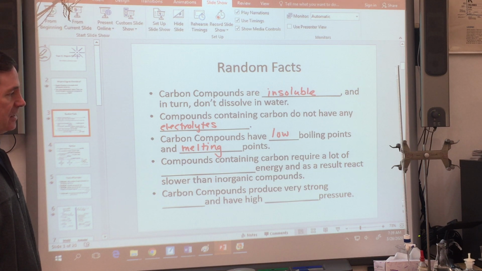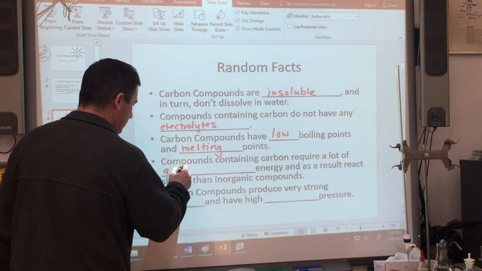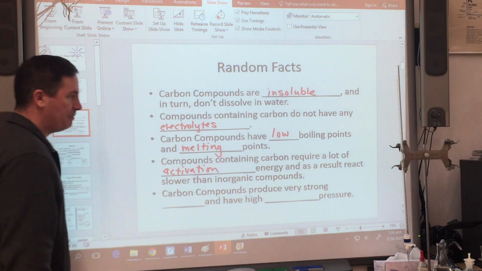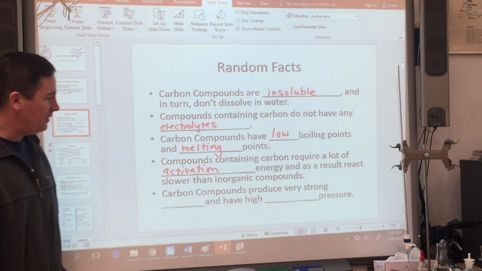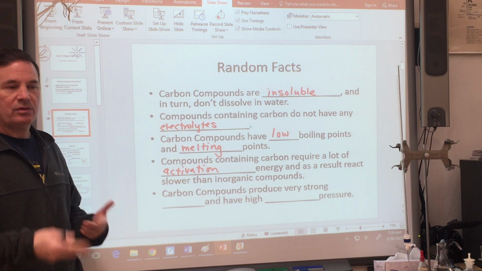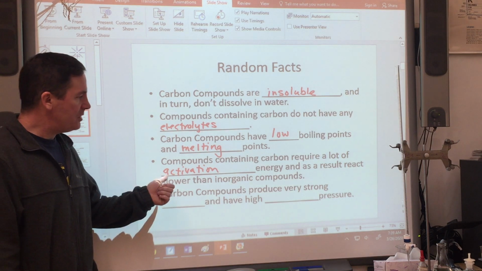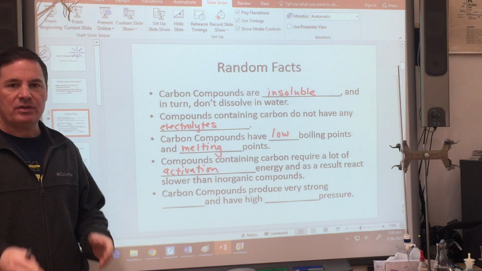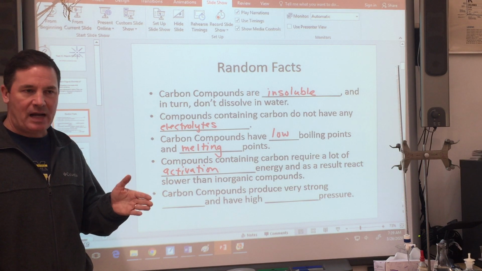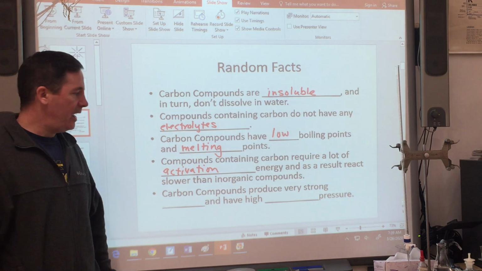Compounds containing carbon require a lot of activation energy, and as a result of that, they're relatively more slow to go through chemical reactions. We mentioned that before. Essentially, the bigger the molecule, the more bonds there are to break and reform in a chemical reaction.